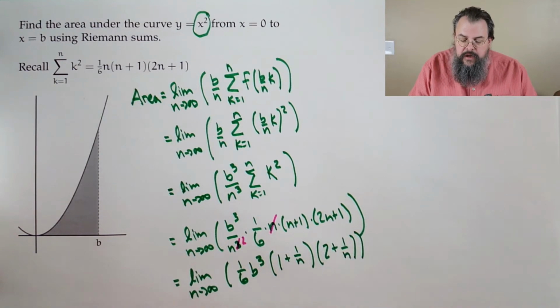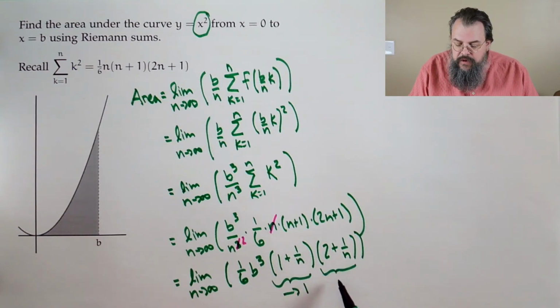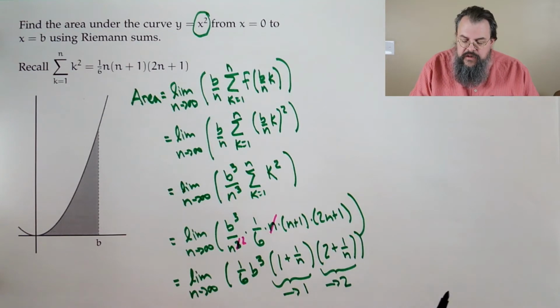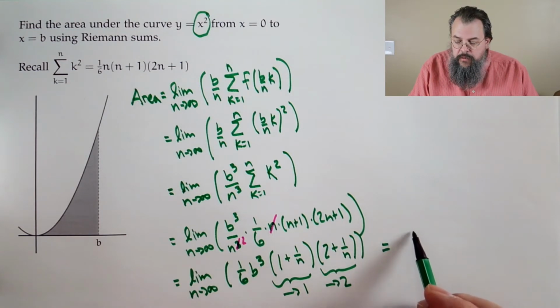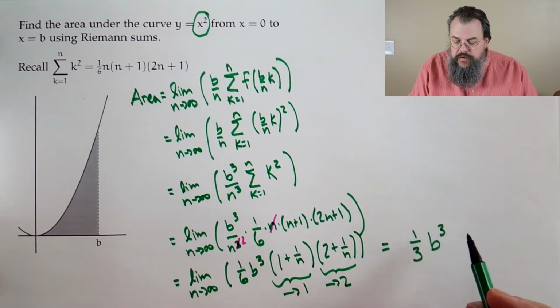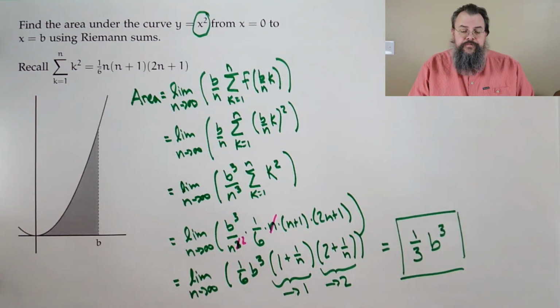And now we look at this and say, ooh, these are nice things. 1 plus 1 over n goes to 1. 2 plus 1 over n goes to 2. So we're going to get 1/6 times b cubed times 1 times 2. Well, that leaves us with 1/3 b cubed. And there we go.